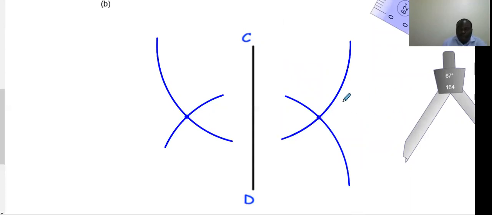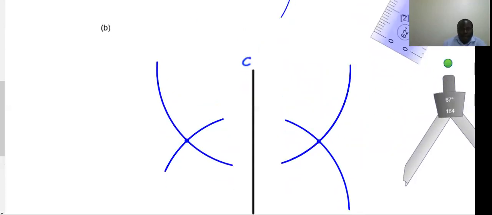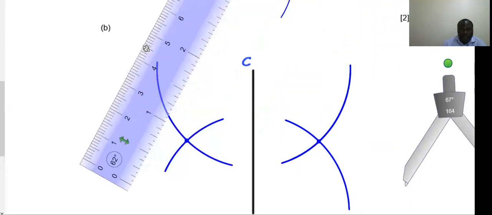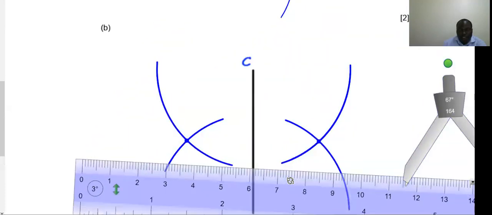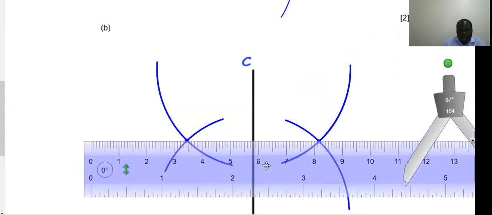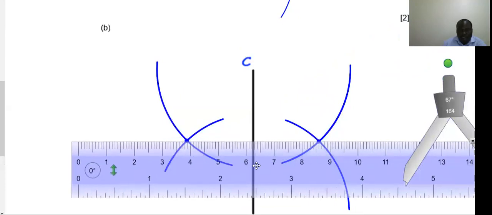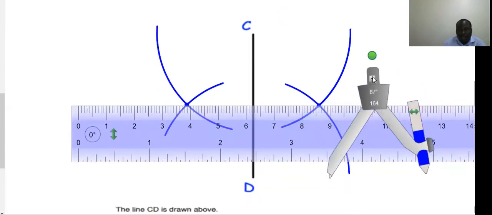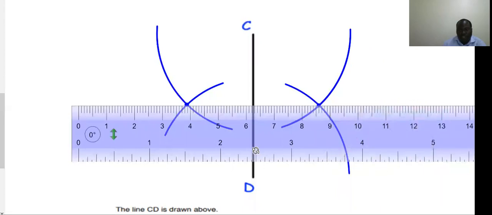Now, what you'll be surprised is that when you take your ruler, the two dots will be on a straight line. Can you see that? This is done, so you can remove it. So this is the surprise which you'll be able to see.